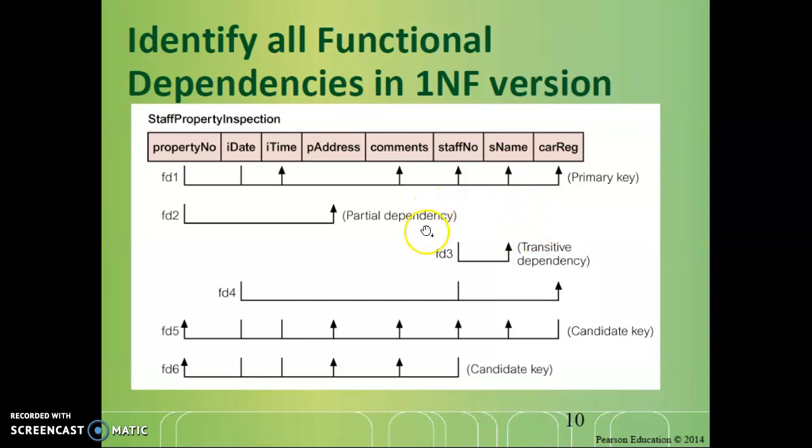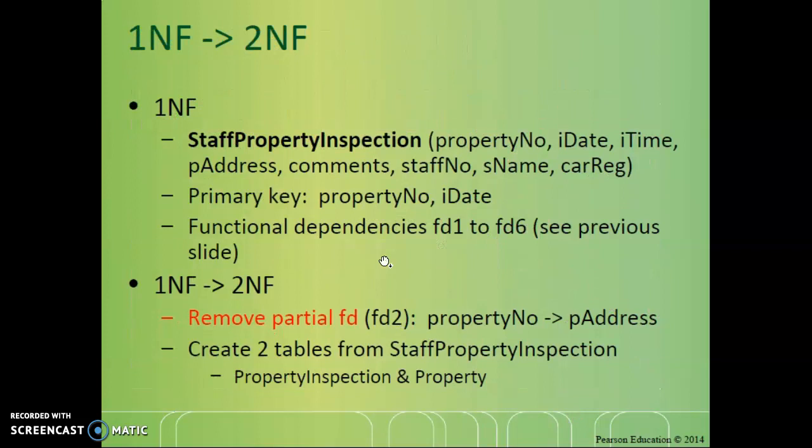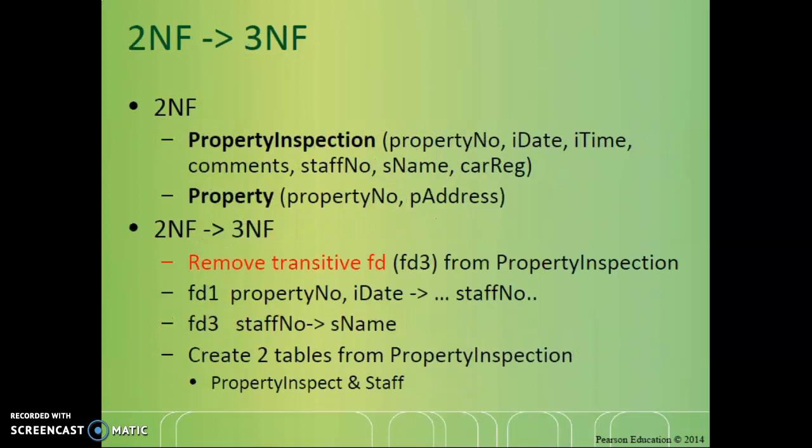So we have to remove this transitive dependency by creating new tables. So we are getting new tables, property inspect and staff.